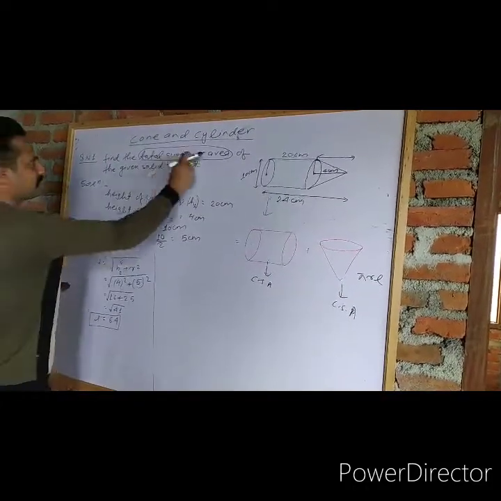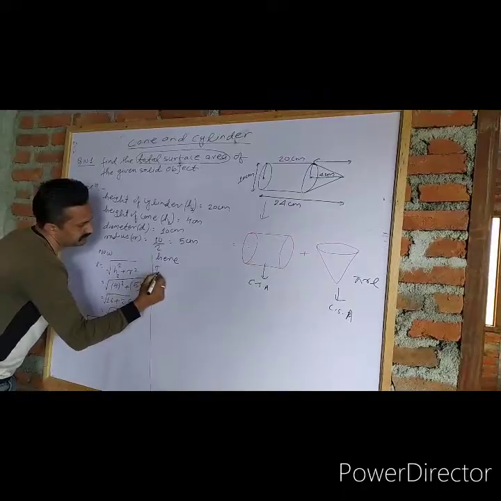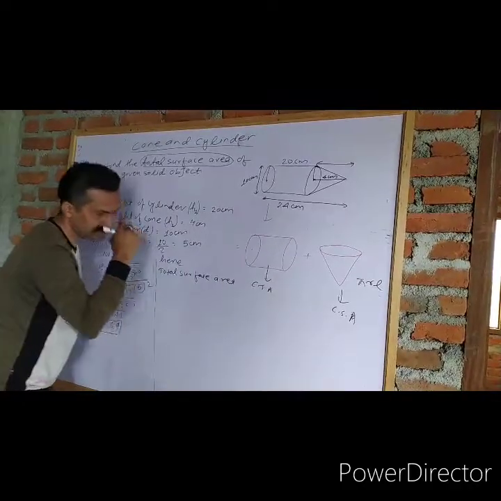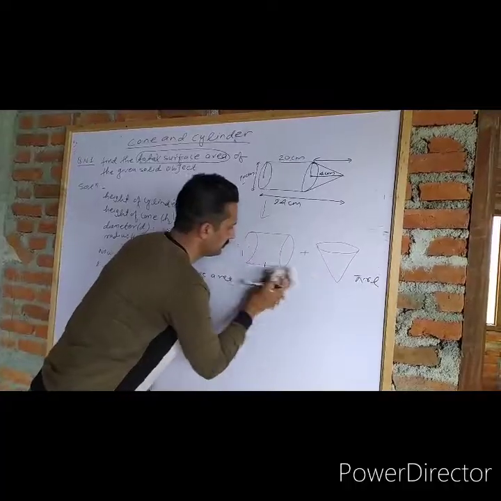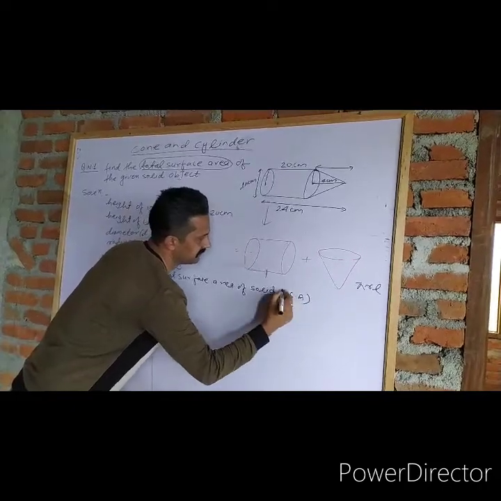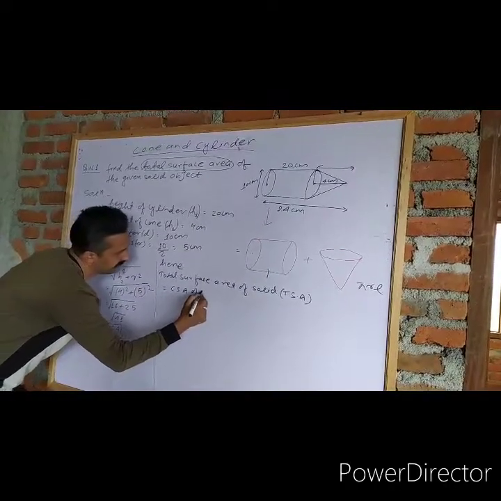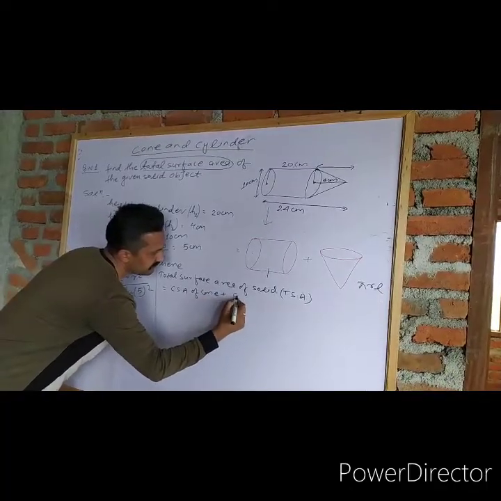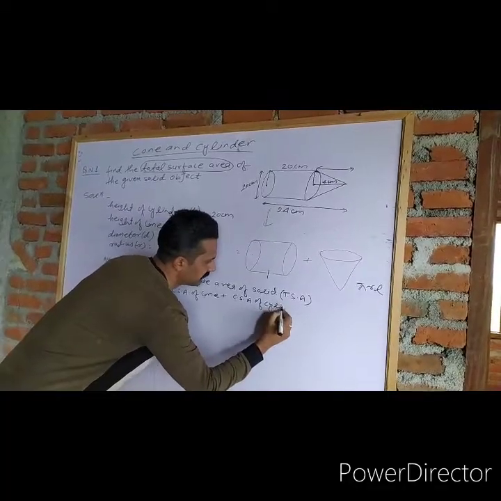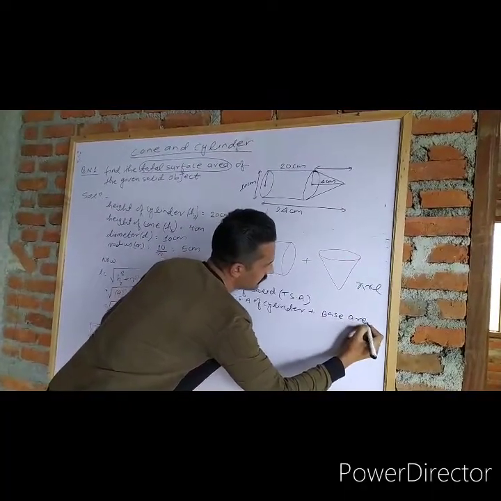Now total surface area of solid. TSA equal to curved surface area of cone plus curved surface area of cylinder plus base area.